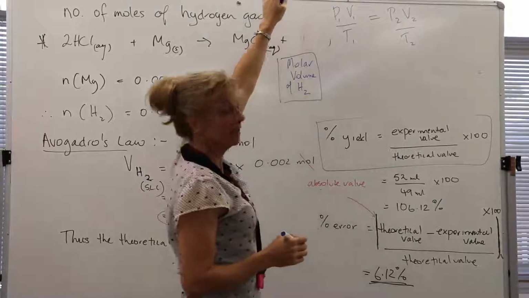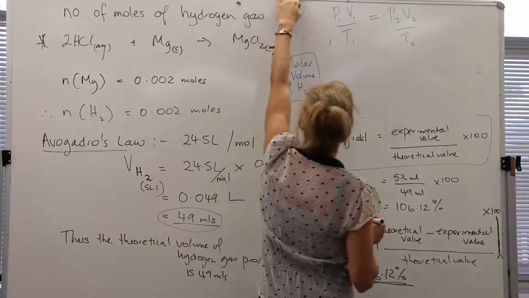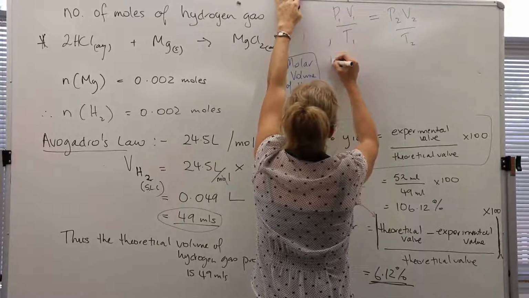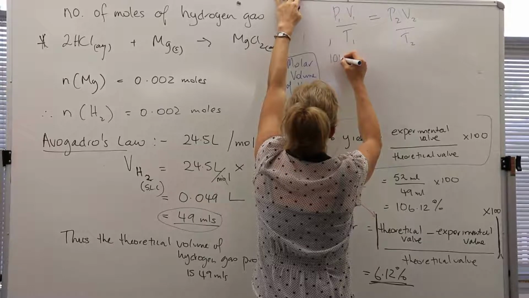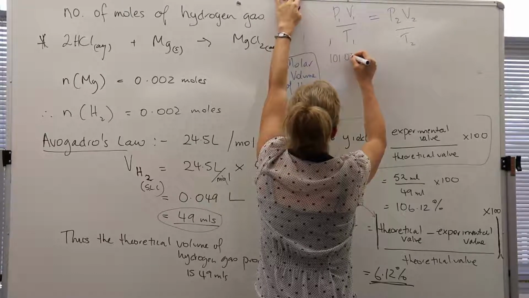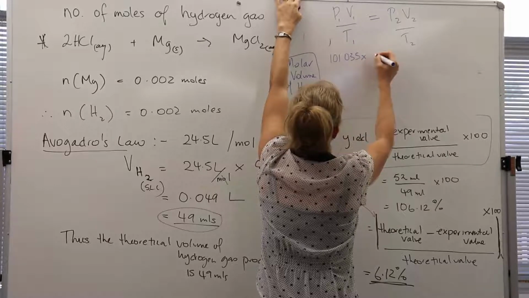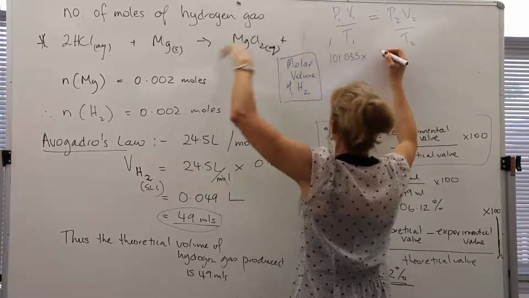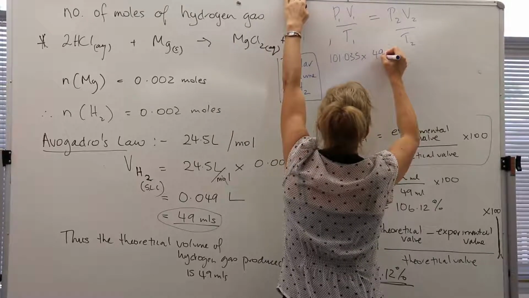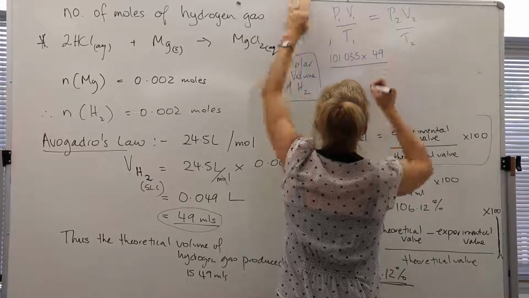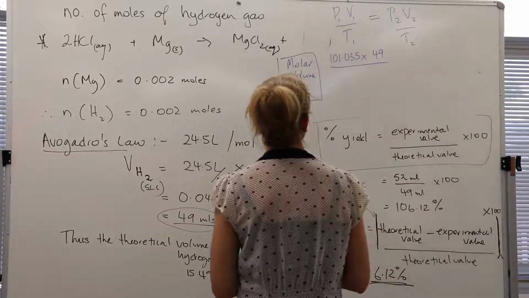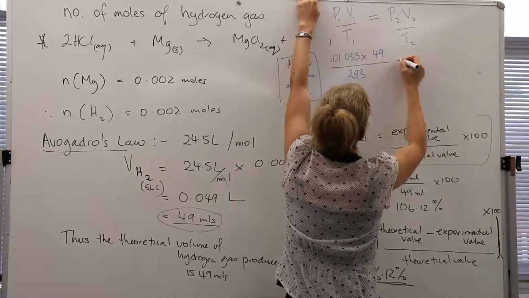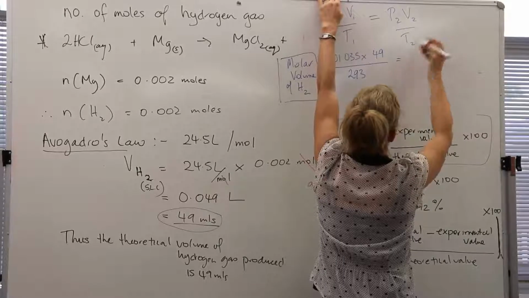So pressure was 101.035 kilopascals, times the volume, which is 49, over, what was the temperature? 293 Kelvin equals P2. That's what we want it to be.